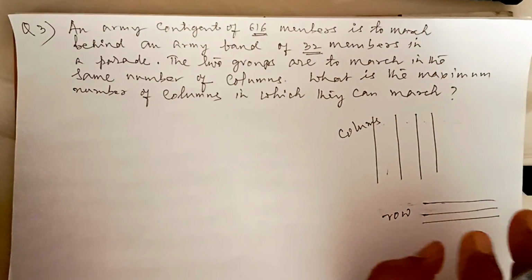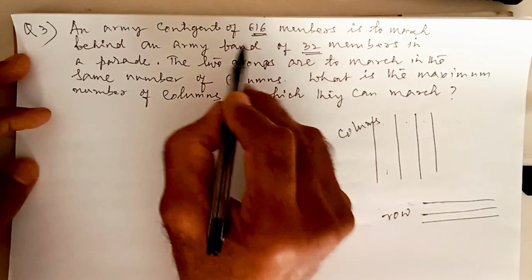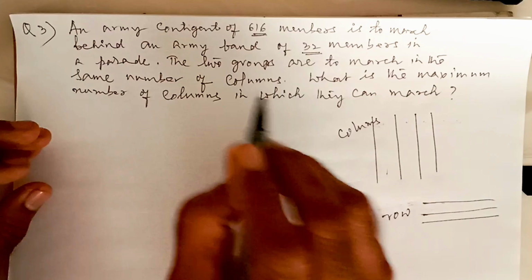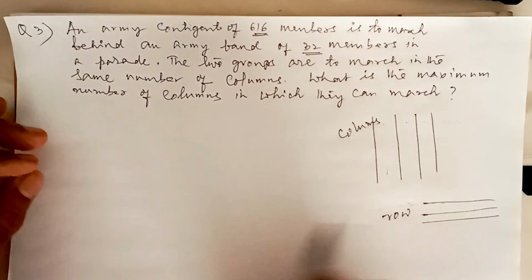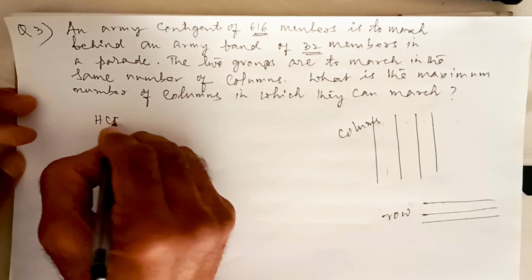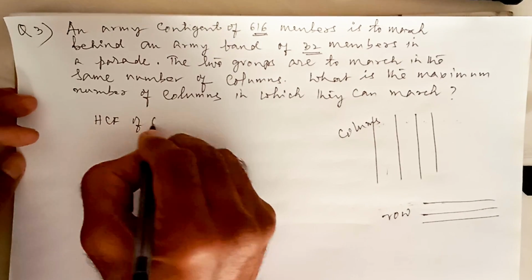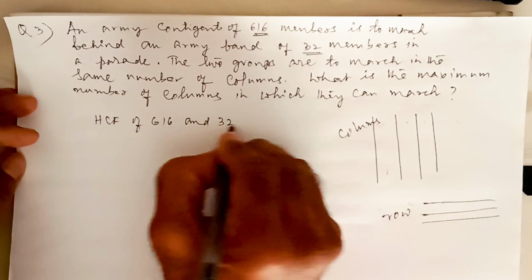The question looks a little tough, but the question is simple. In fact, you need to find out the HCF. Whatever is the HCF of these two numbers will be the answer for this question. Here you need to find out the HCF of 616 and 32.